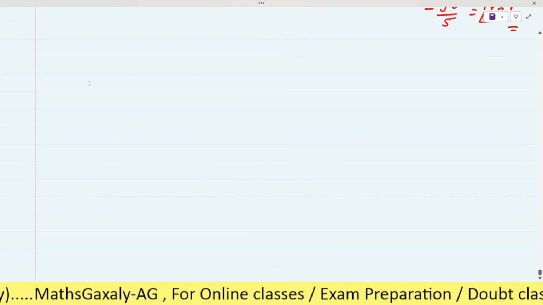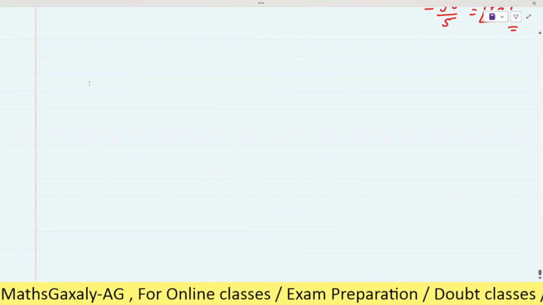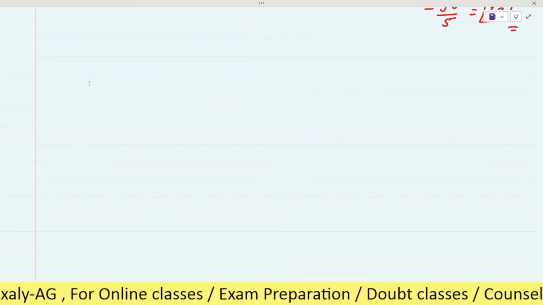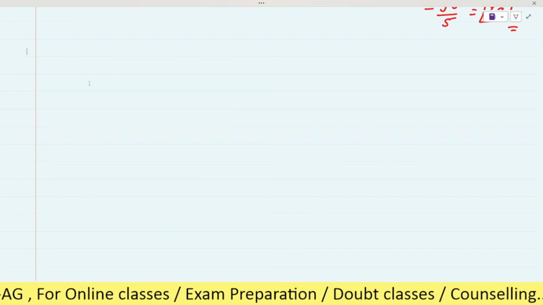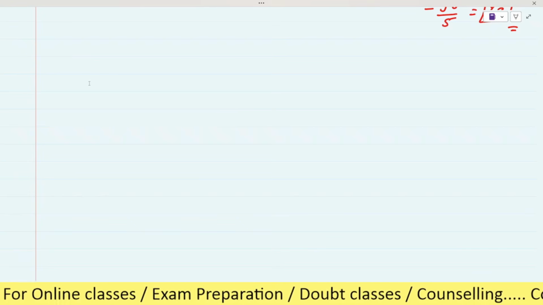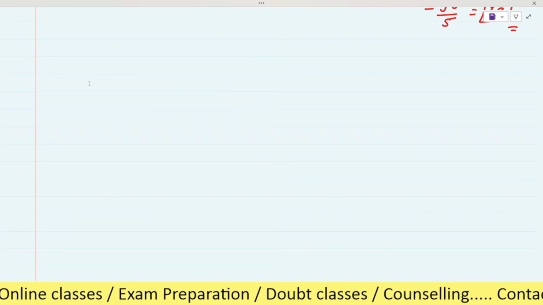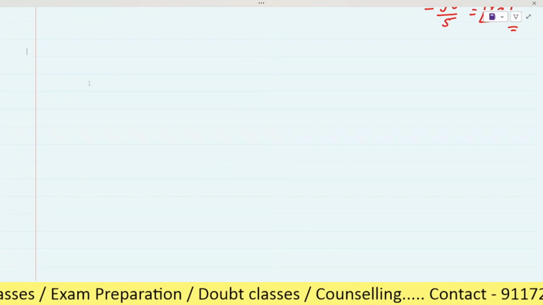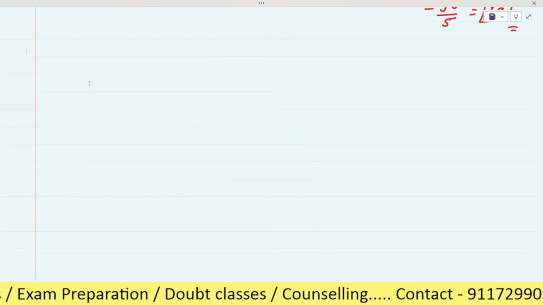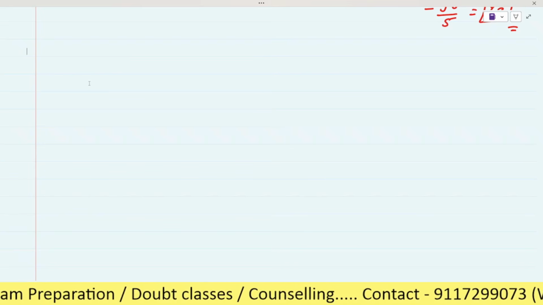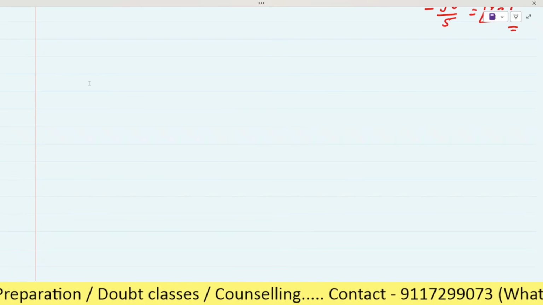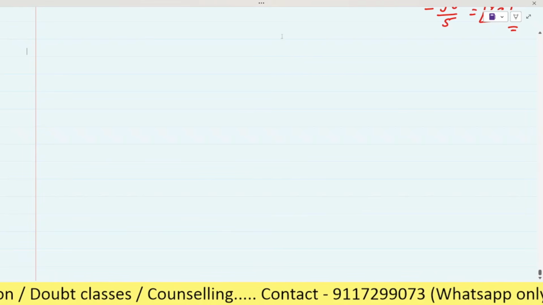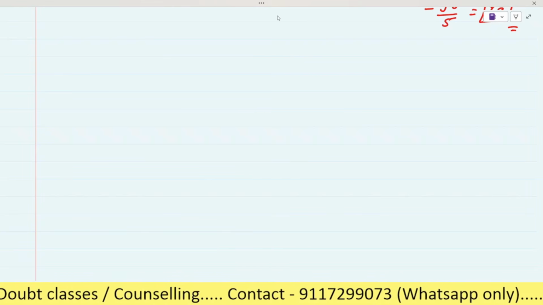The unit should be the same for all. As here it is given 75 paise per packet for the first tea, the second tea is 5.50 rupees per packet, and the mixture is rupees 4.50 per packet. So we have to change all these three data into paise, otherwise we have to change all these three data into rupees. Is it clear?